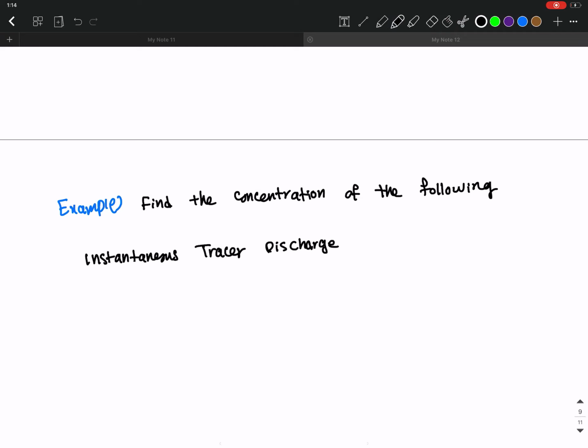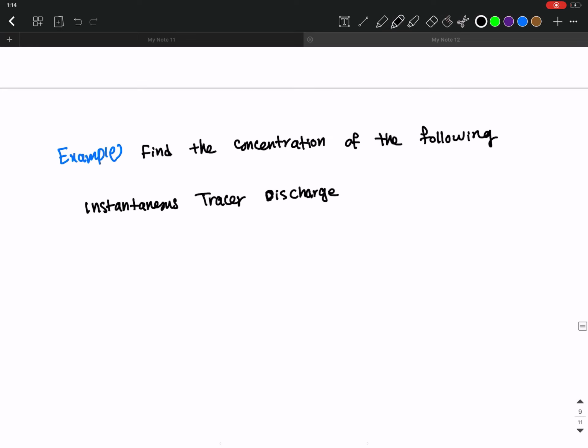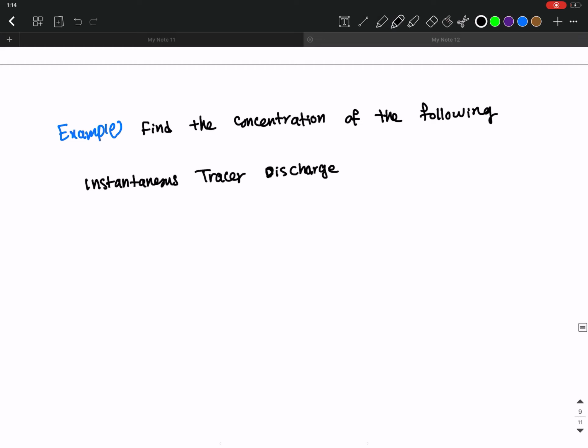So we have a discharge of a tracer instantaneously, and we want to find the concentration of that as time evolves, and also in space. So in space and time.